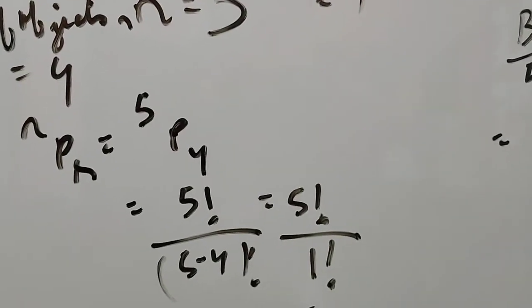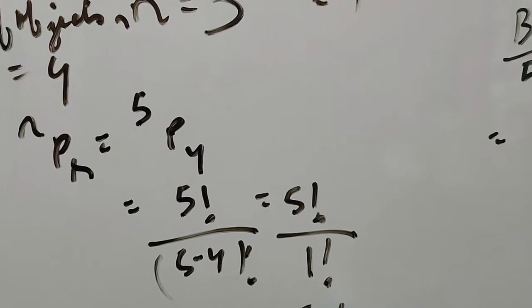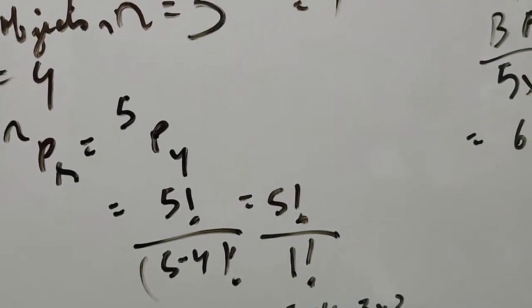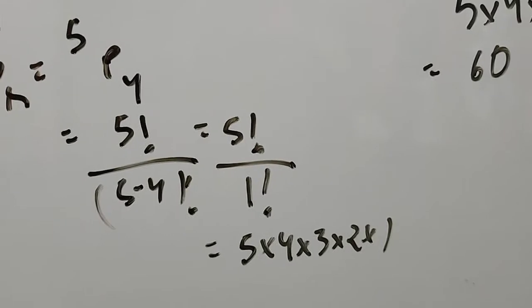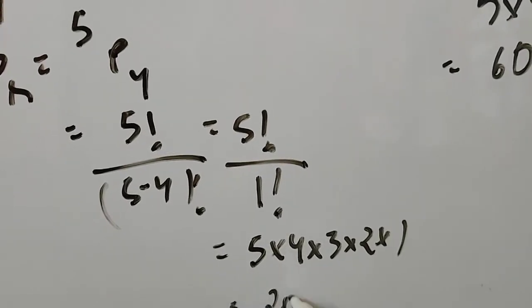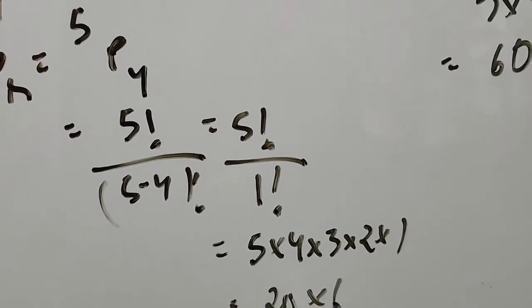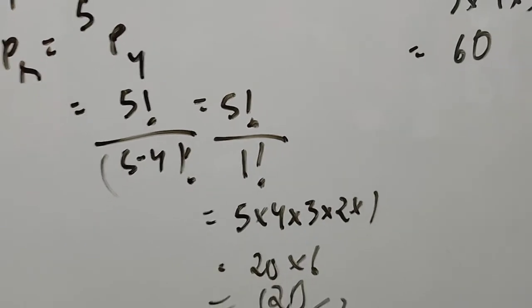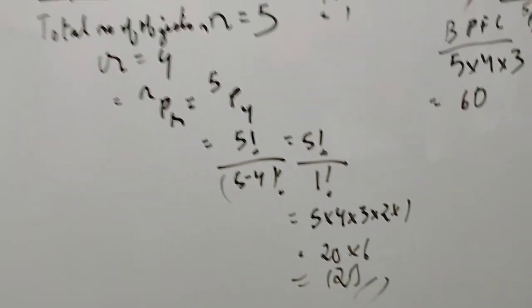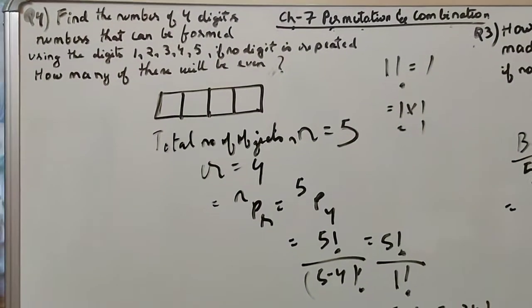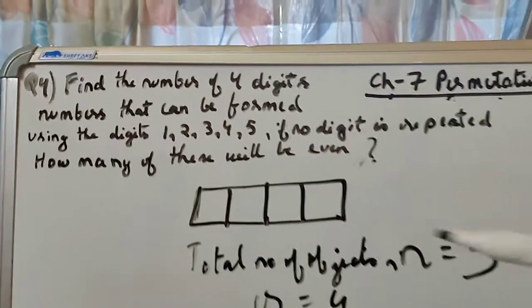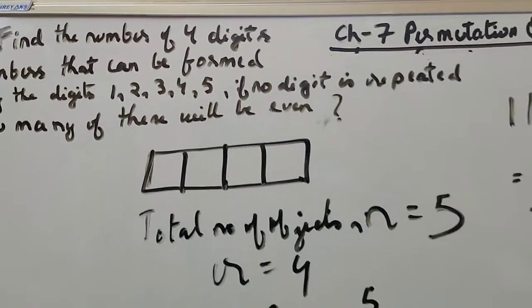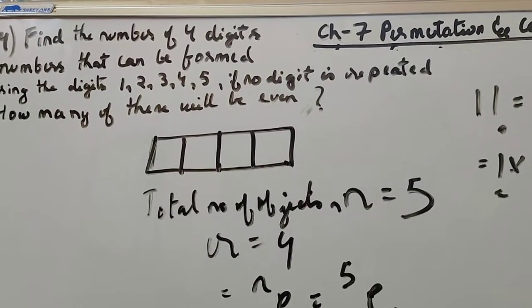So 5 factorial. Solve 5 factorial, 5 into 4 into 3 into 2 into 1. This is my 5 factorial, 120 is my answer for the first part. That is, 120 4-digit numbers can be formed using these digits when repetition is not allowed.